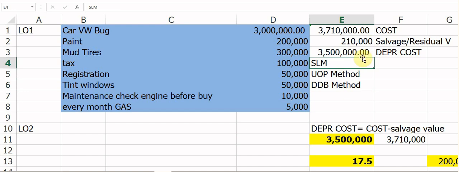It uses this amount, and you need one other amount: how many years you'll use the asset for. Let's assume we'll use this car for 10 years. So I take the total depreciable cost divided by 10.